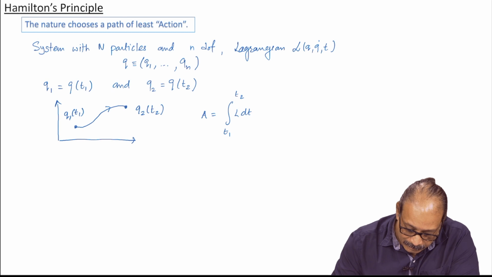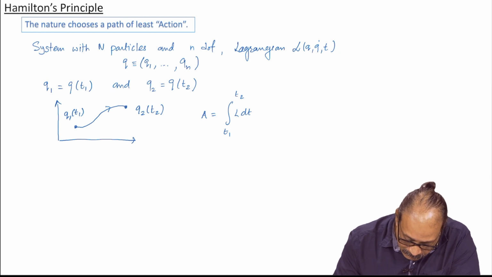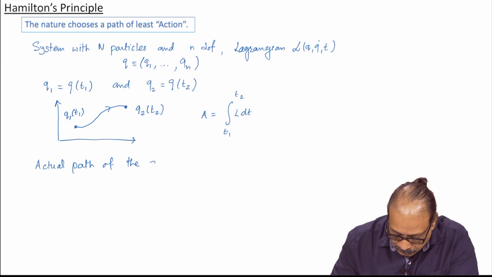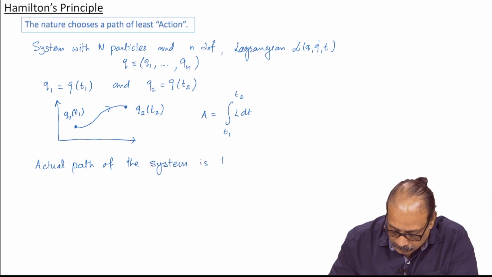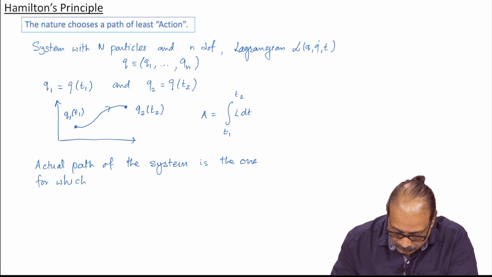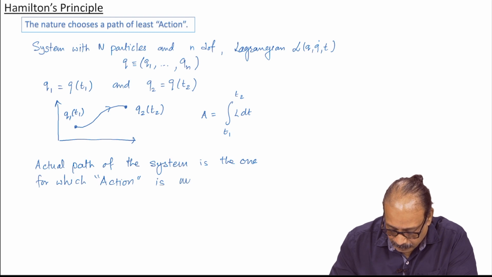And then the Hamilton's principle says that the actual path of the system is the one for which action as defined there is minimum.